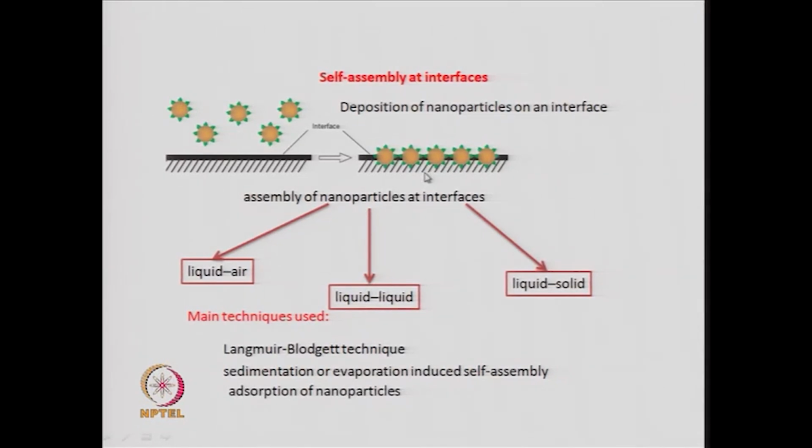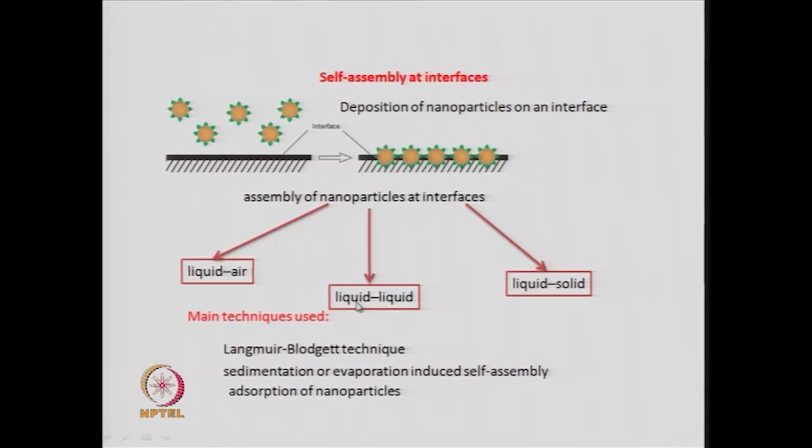Now, based on how the interface is formed, what are the 2 different phases? One type of interface you can have is the liquid air interface. That means you have one liquid, and on top you have air. Where the air meets the liquid, you have the air liquid interface. You can have self assembled structures made of nanoparticles at this interface.